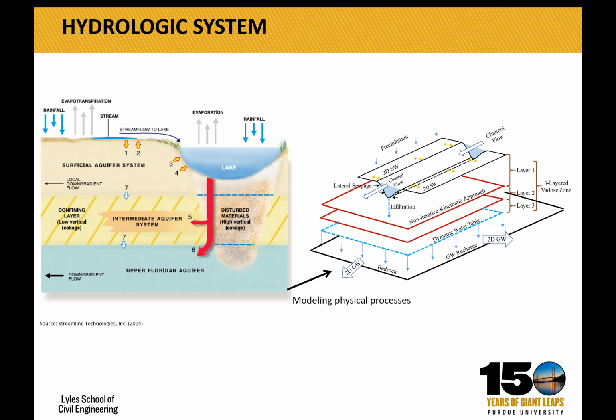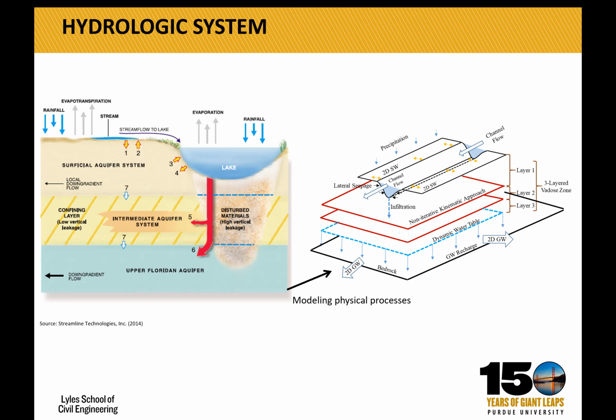And on the right, we try to simulate these processes by using different models. And not all models represent the hydrologic system completely or holistically. So what you see on the right are different layers that we include in a particular model.